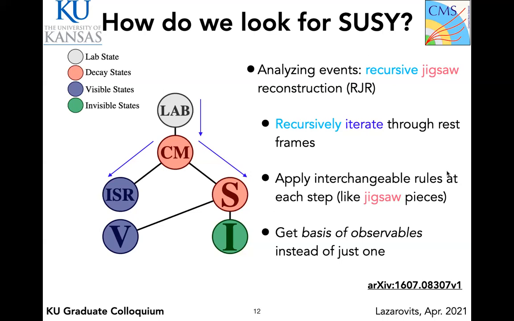Yeah, thank you. I can try. Like I said, this was something that Chris came up with and knows the ins and outs of very well, but I can definitely attempt to answer your question. So I believe what happens is that when you boost from one frame to another, you get a set of angular variables, but you want to look at how the reference frames are related to each other in terms of an angular distribution.